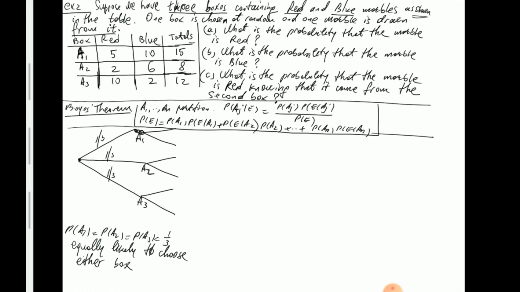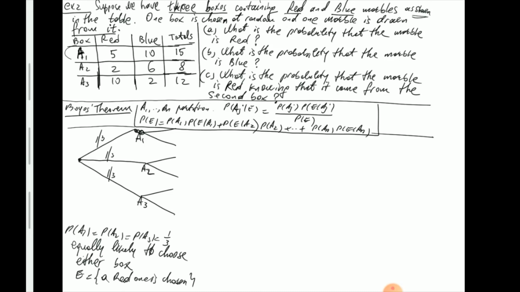Okay, now let's denote by E the event that a red ball or a red marble is chosen. So a red marble is chosen. Now we can compute the conditional probabilities, looking at the content of each box. So pay attention here.